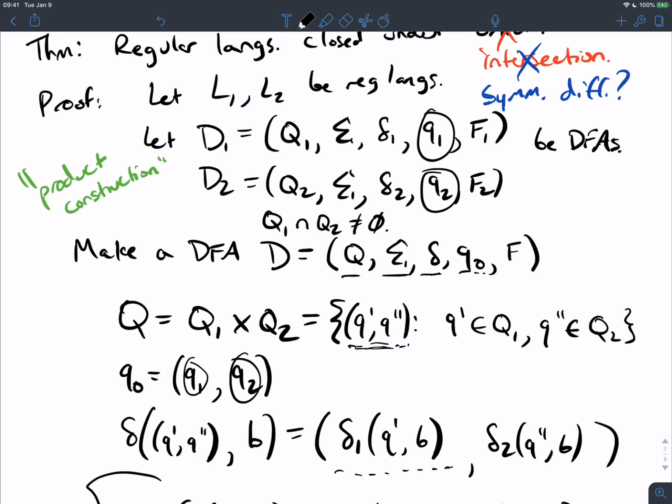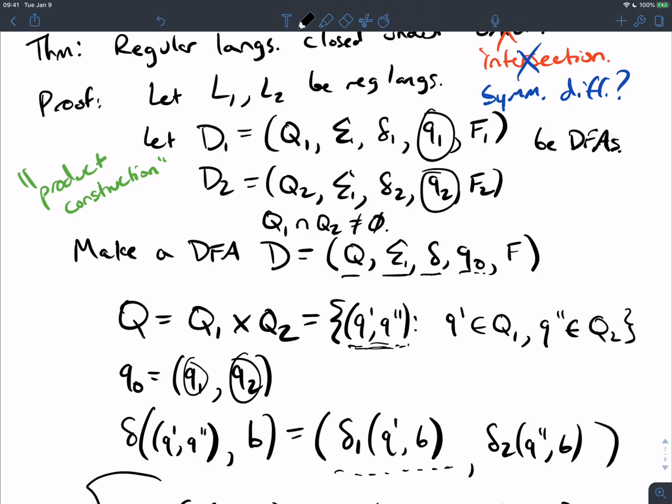Why couldn't we have done the same strategy that we did with decidable languages and deciders under union? Because we only see the input one time for DFAs. Because we always move right, so we only see the input once. So we can't run it twice on two different machines. Why can't we just run through one machine, and if it's there, do it, and then run through the next?